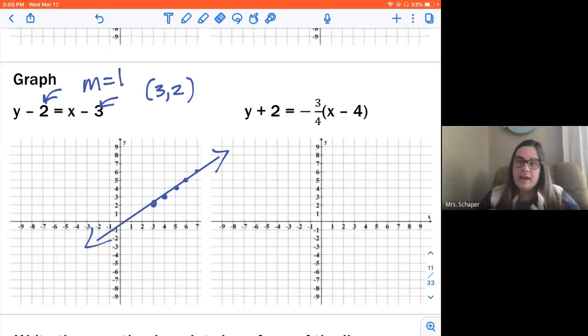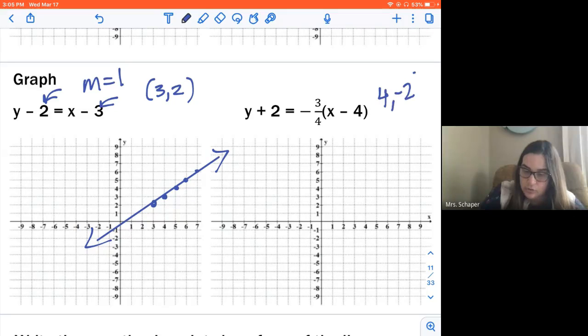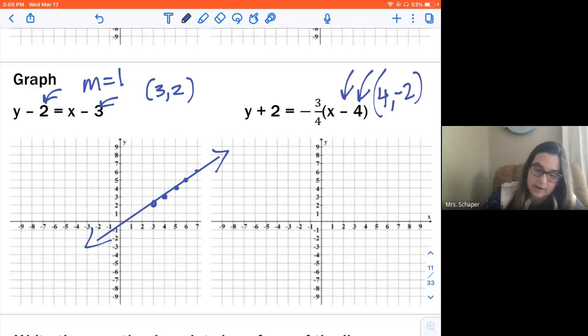Again, when you're looking at it, you begin at your ordered pair. So 4, -2. Here's my x, take the opposite sign. Here's my y, take the opposite sign. So I begin at 4, -2. My slope is -3/4.